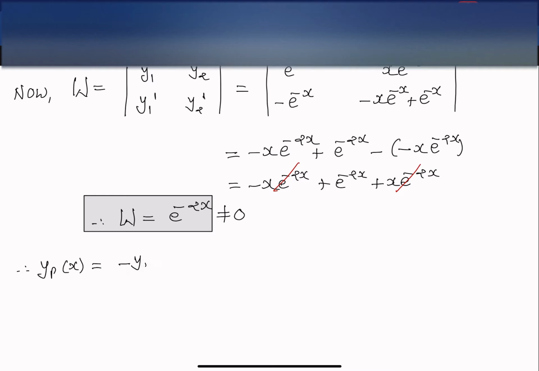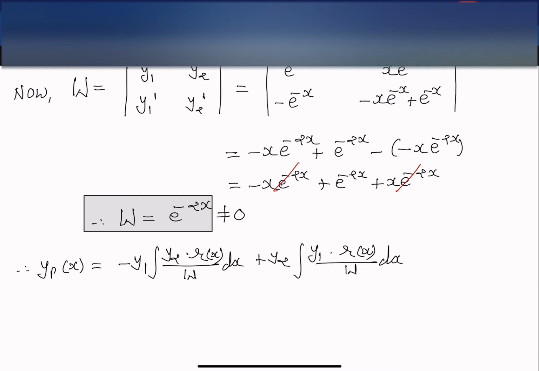Minus y1 integration y2 into r(x) divided by Wronskian dx, plus y2 integration y1 into r(x) divided by Wronskian dx.